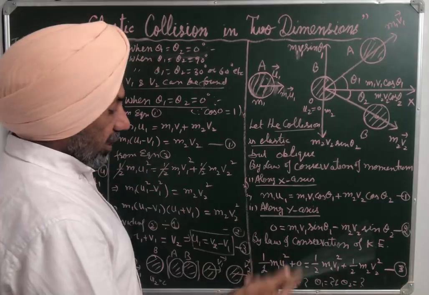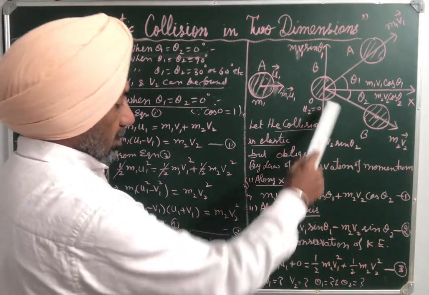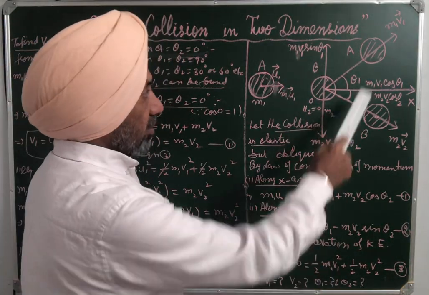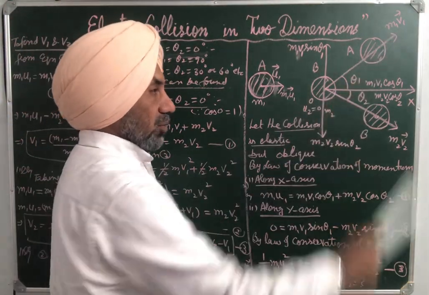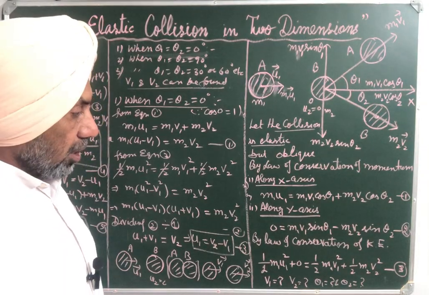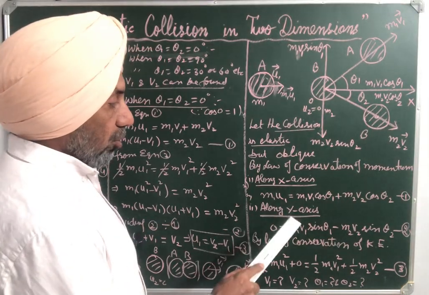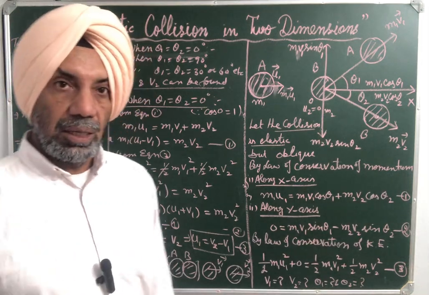Then the law of conservation of kinetic energy: half m1 u1 square, the kinetic energy of body A, plus 0 because B was at rest, is equal to half m1 v1 square plus half m2 v2 square, because kinetic energy is a scalar quantity. Here v1 is the velocity of body A and v2 is the velocity of body B after collision. Now we have three equations 1, 2, 3, but four unknown quantities v1, v2, theta 1 and theta 2.